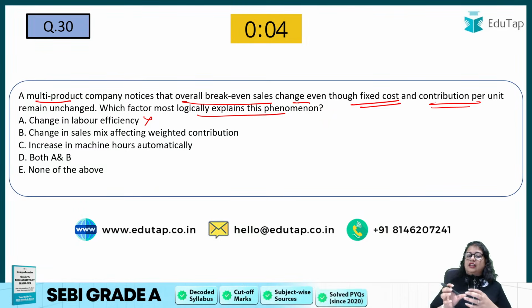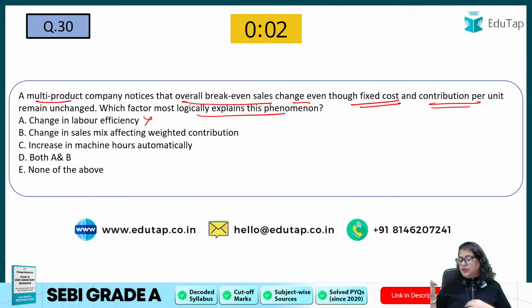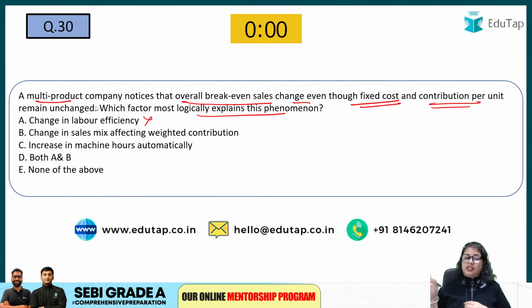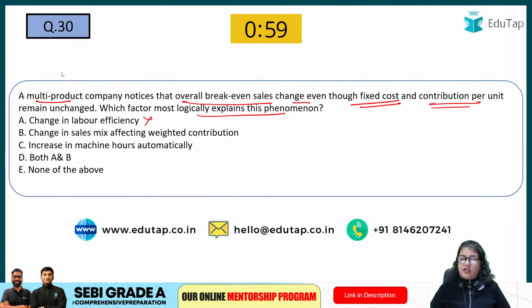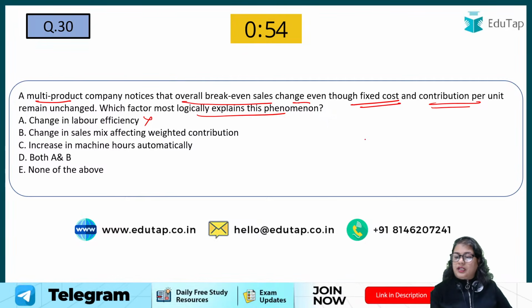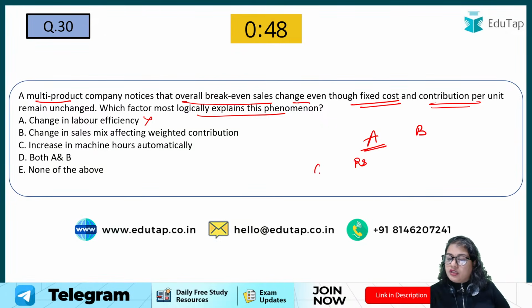Because here we see what is the total contribution by a particular product. So, in that case, we need to see how much of one product is being sold. So, what is the sales mix? For example, there are two products A and B. If A is contributing rupees 20 per unit and B is contributing rupees 30.